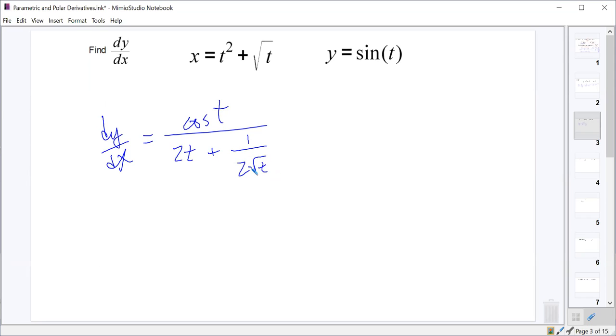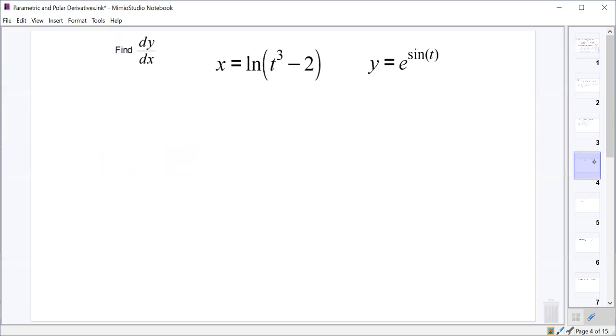Good or no? If you want to get a common denominator and simplify that down, you can, but it's not necessary. Any questions or issues there? No. All right. Why don't you guys do this one?